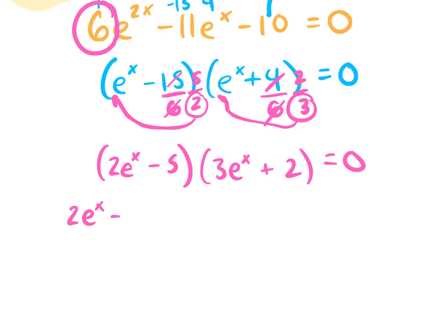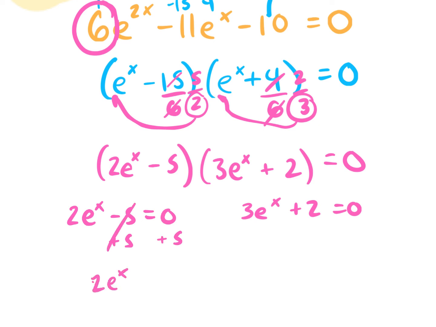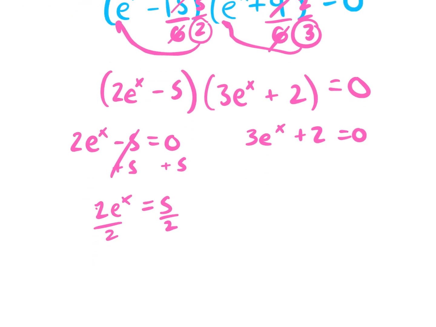So 2 e to the power of x minus 5 is equal to 0. 3 e to the power of x plus 2 is equal to 0. For the first one, I'd add 5 to both sides and divide by 2. So e to the power of x is equal to 5 over 2.